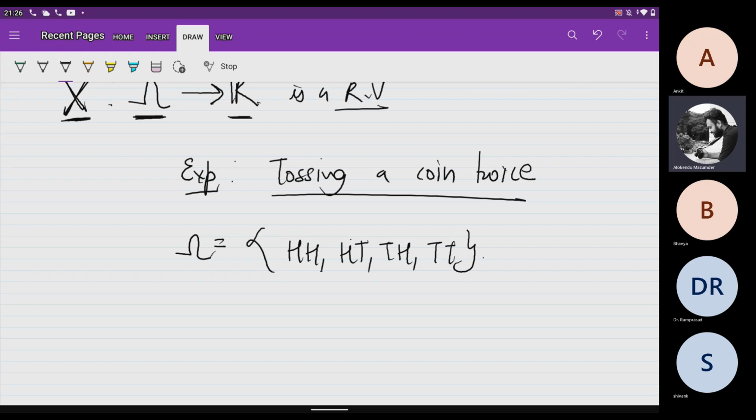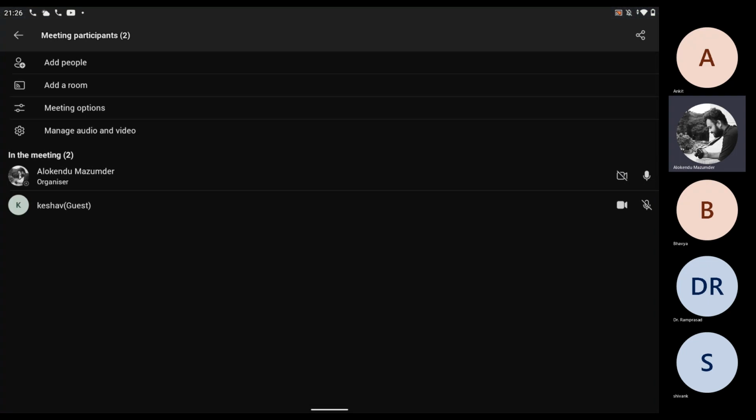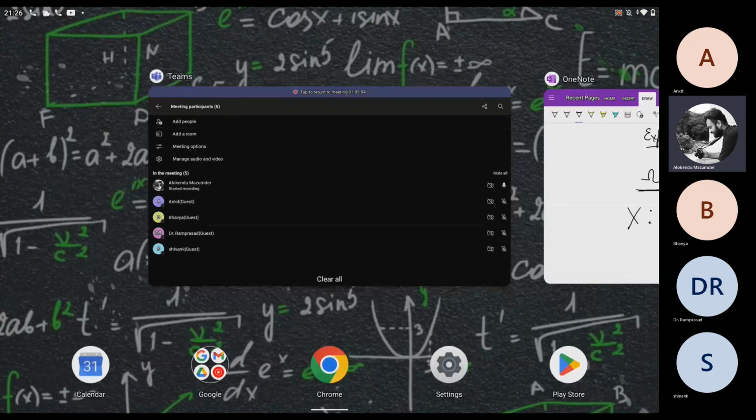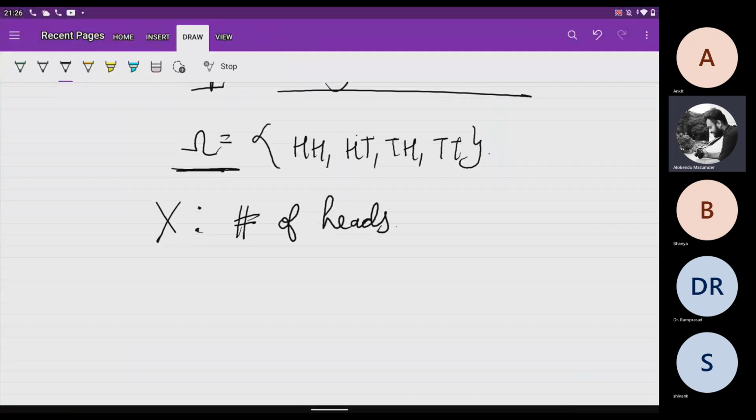If I define a random variable x as the number of heads on this sample space, what are the possible values this random variable can take? 0, 1, 2. Exactly.